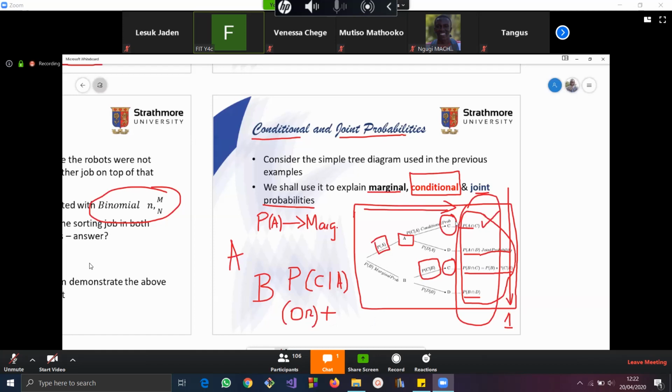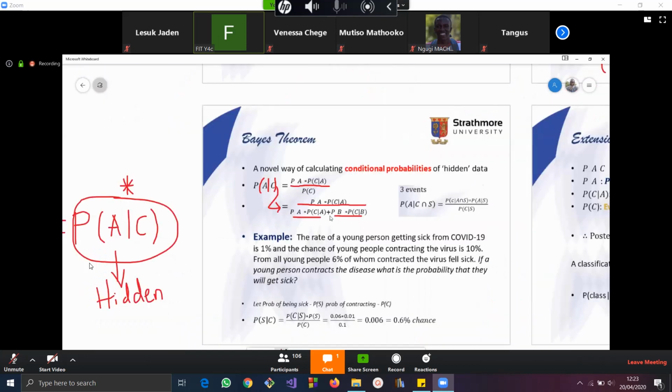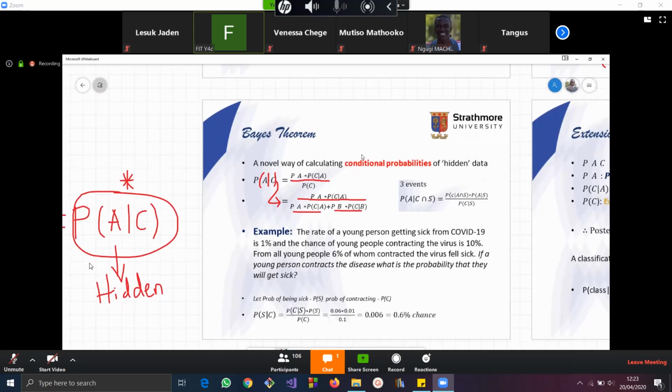Anytime we have an and, we multiply. If you revise, you will get to see that. So probability of C is given by that and that. That's how we arrive at Bayes' theorem, a way to get conditional probability in this form.